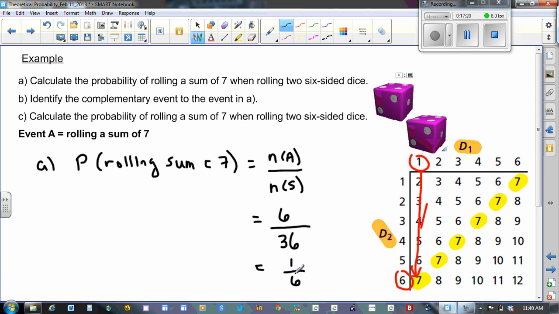The complementary event space, let's identify that. Complementary event space would be rolling anything but a sum of 7. So let's move forward and figure that out.